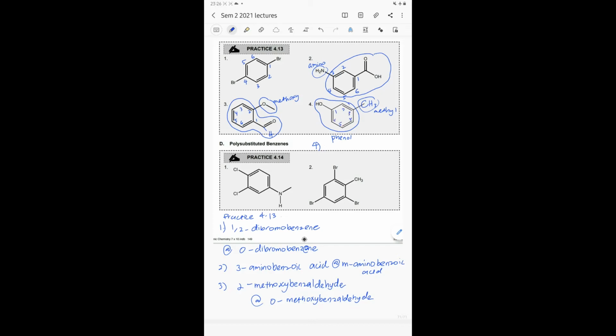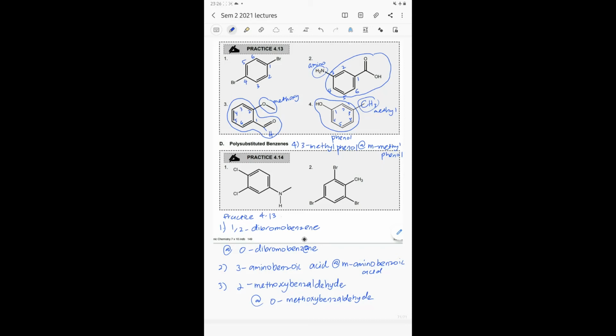it will be trimethylphenol, or m-methylphenol. No space between methyl and phenol. And last one, polysubstituted benzene.